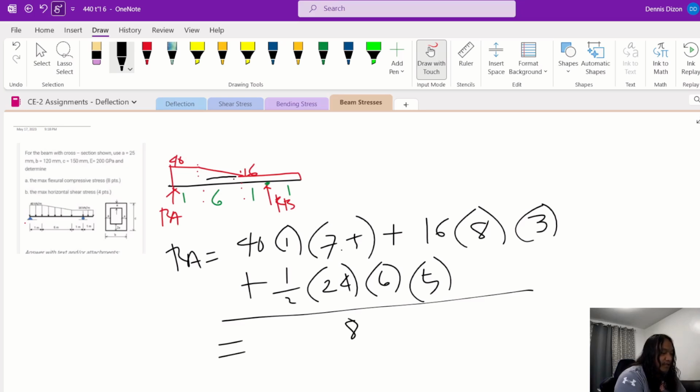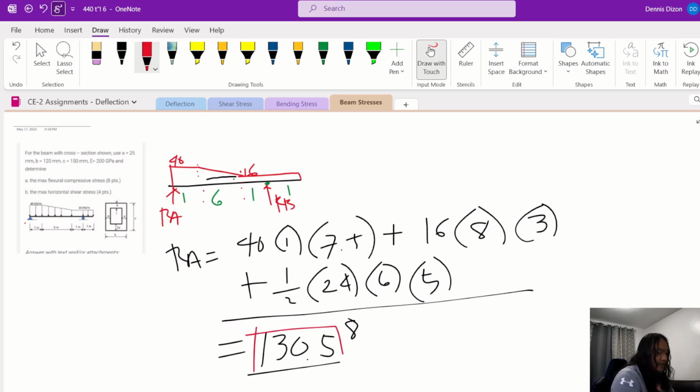So RA is equal to 40 times 0.5 plus 16 times 8 times 3 plus 0.5 times 24 times 6 times 5, divided by 8. This is 130.5. So this is our reaction at A.